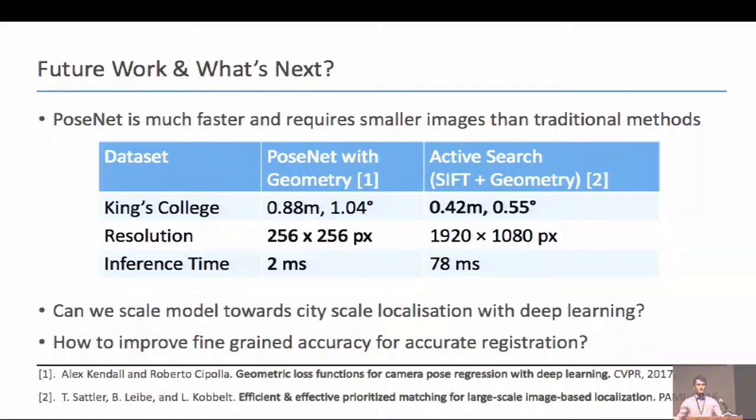On the other hand, these geometry-based methods require tens or hundreds of milliseconds and very large resolution images to compute their features. But the trade-off is that today they also get far more accurate registration. So there are lots of questions here of how we can further improve performance, and how we can scale it. How can we get the performance we see on the small urban scenes on the larger Dubrovnik data set?